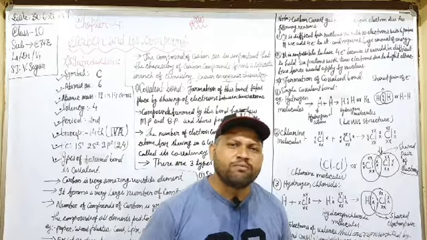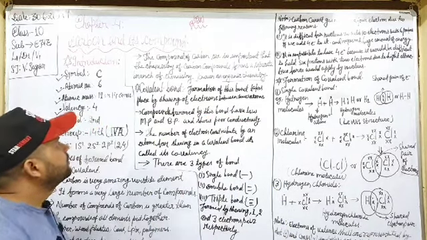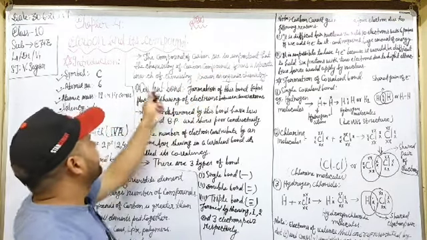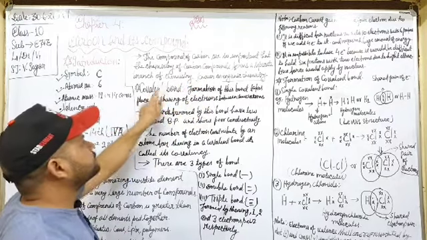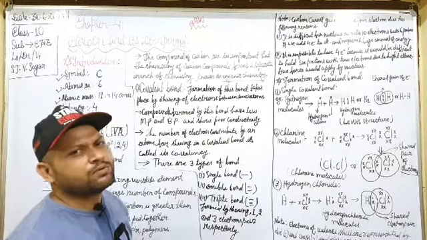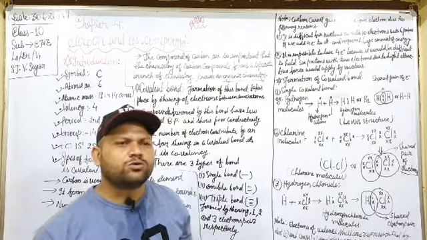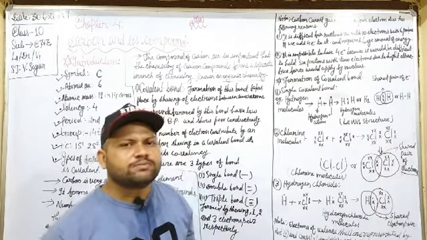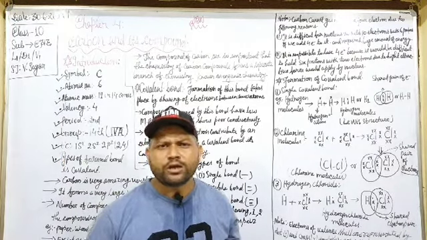The compounds of carbon are so important that their chemistry forms a separate branch of chemistry known as organic chemistry. The branch of chemistry which deals with the study of carbon is known as organic chemistry. There are three branches of chemistry: physical chemistry, inorganic chemistry, and organic chemistry.